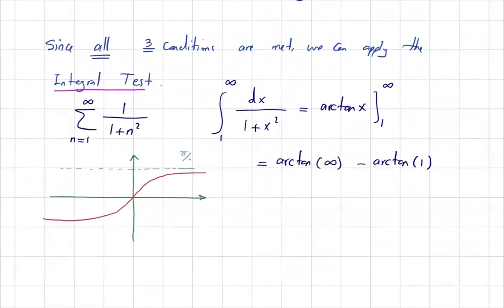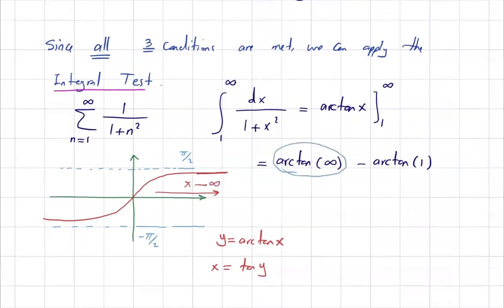One of them was pi over 2. The other was negative pi over 2. When y is equal to arc tangent of x, it means that x is tangent of y. So when x goes to infinity, arctangent goes to pi over 2. So this is just pi over 2.